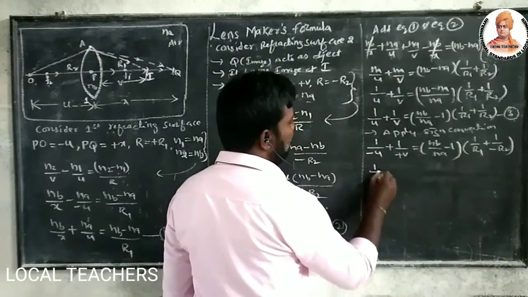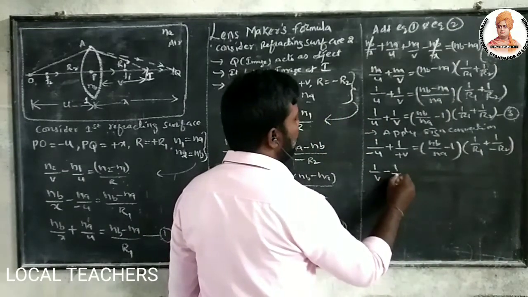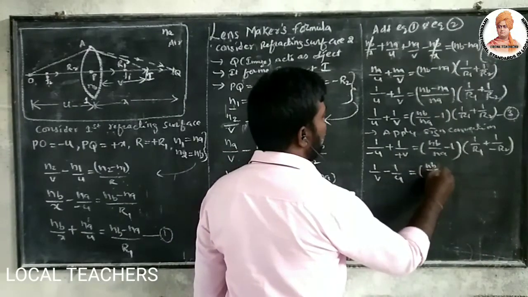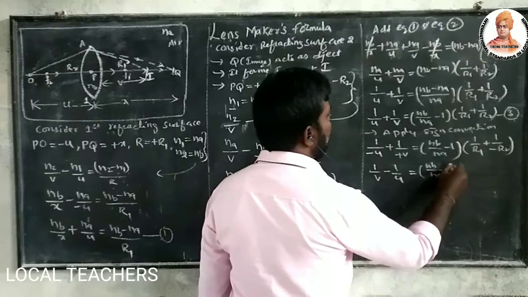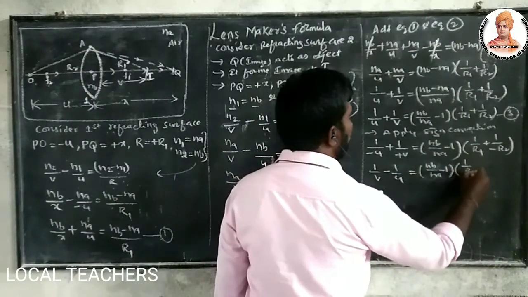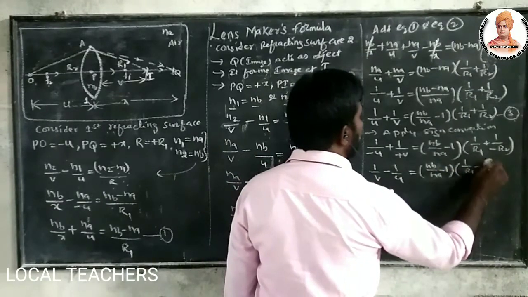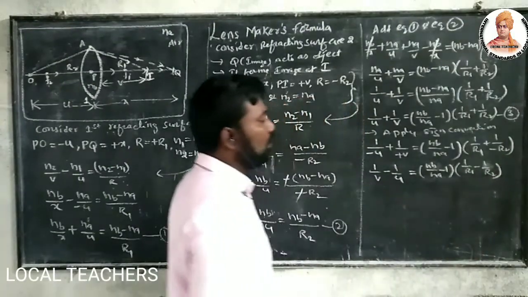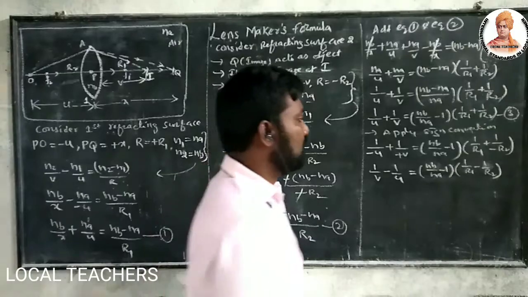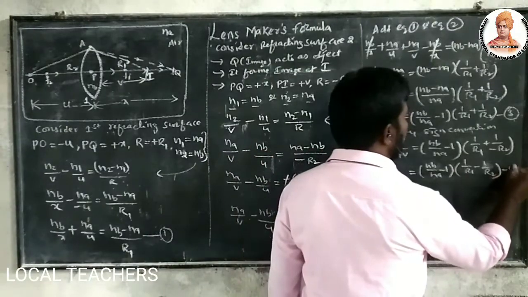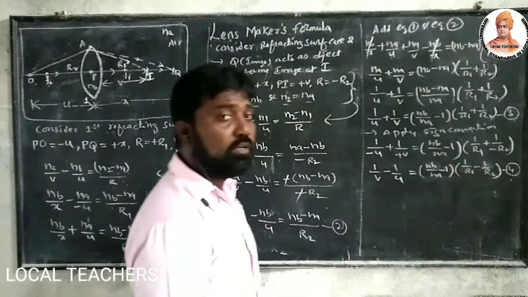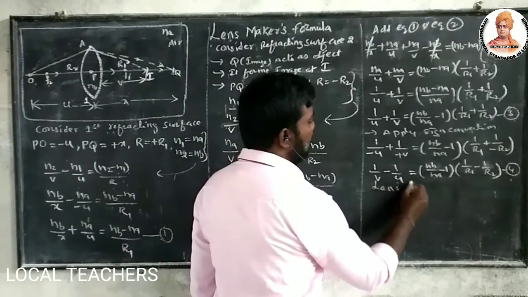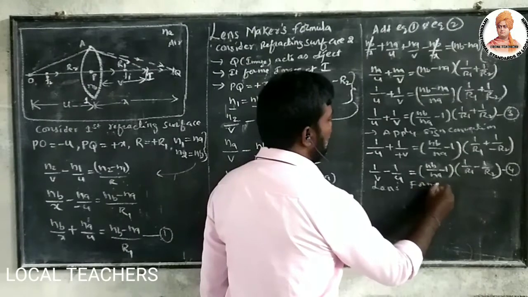So this I can write as 1 by v minus 1 by u equals NB by NA minus 1 into 1 by R1 minus 1 by R2. Okay. So consider this is equation number 4. But here we know the lens formula.